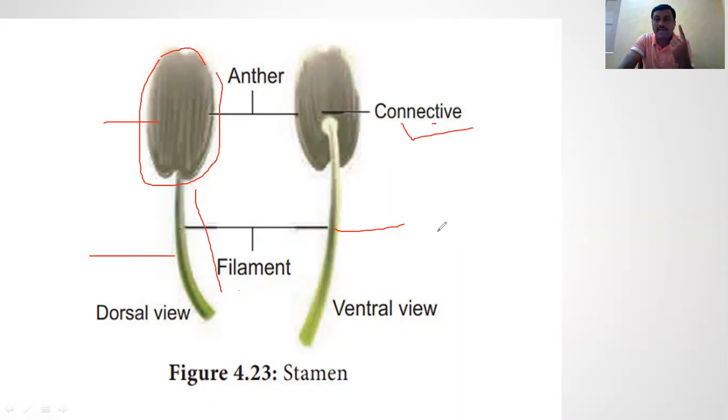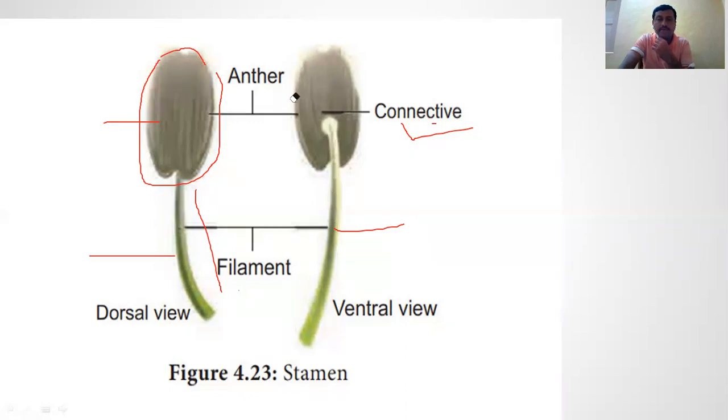First, filament. It is the stalk of the anther. Second, anther. It is the fertile part. In the anther, male gametes like pollen grains or microspores are present. And third, the point connecting filament and anther is called the connective.